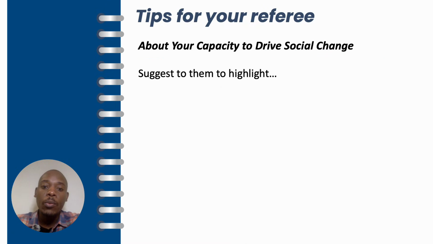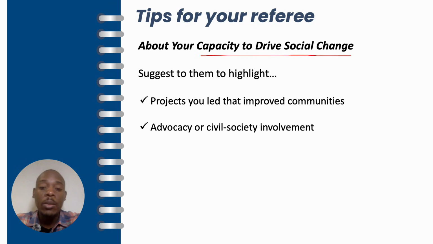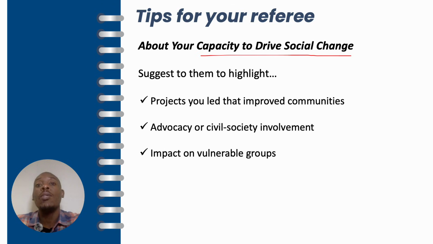When it comes to the second part, which talks about your capacity to drive social change, again, they should be able to highlight the project that you led that led to improvement in the community, advocacy or civil society engagement. So that's why I'm saying you need to provide them with the list of your achievements so that they are able to include them as they are writing a reference for you.